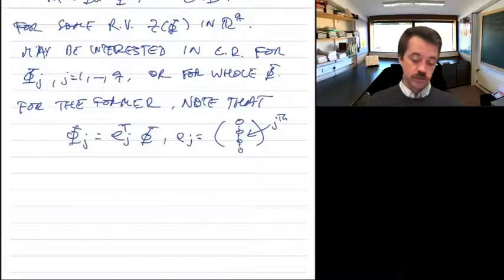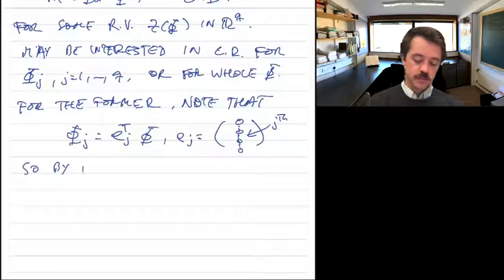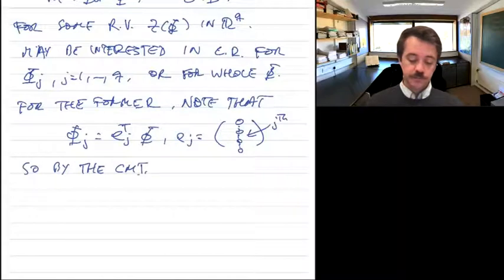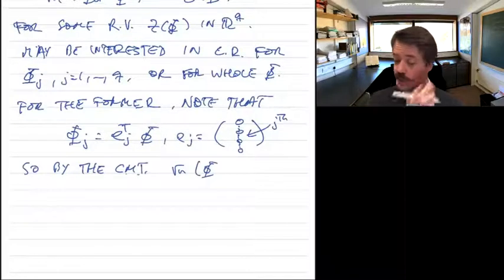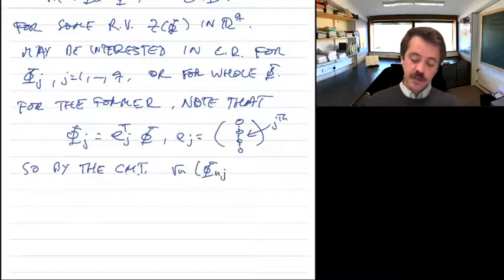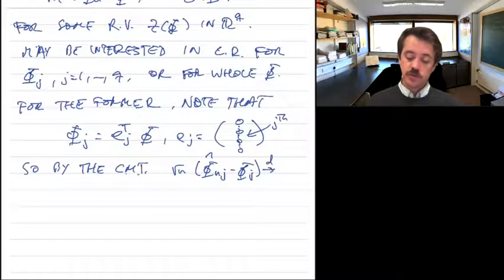Okay, so very simply, by the continuous mapping theorem, we get, of course, that square root of n times the jth entry of the capital phi n hat minus this converges in distribution to this e_j transpose Z of capital phi, right?